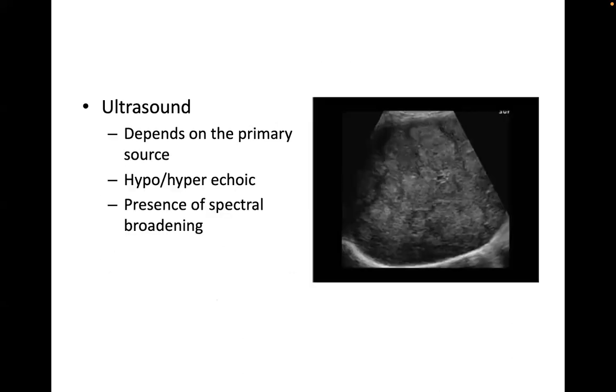In our discussion here in the presentation, I tried to look at the most common ones, took the ones from colon cancer, as colon cancer is one of the cancers that give us the most liver metastasis. As I said, it depends on the primary source. They can be hyperechoic, as you can see in this picture, and there can be a presence of spectral broadening on Doppler ultrasound.